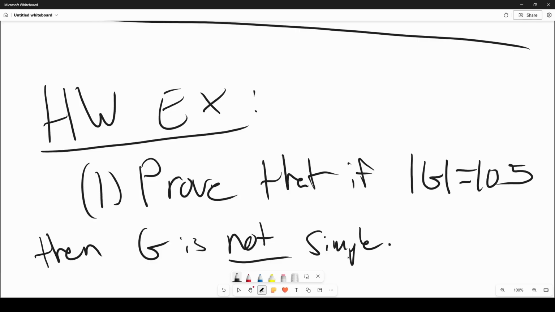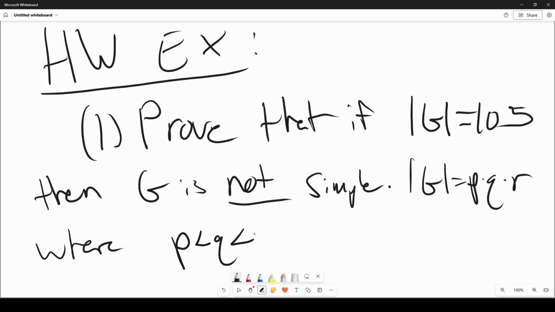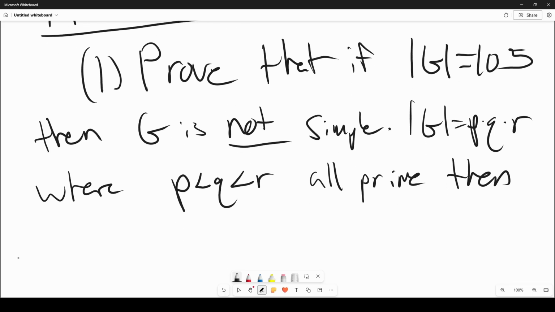In general, try to prove that if the order of G equals P times Q times R, where P is less than Q and is less than R, and they're all prime, then G is not simple.